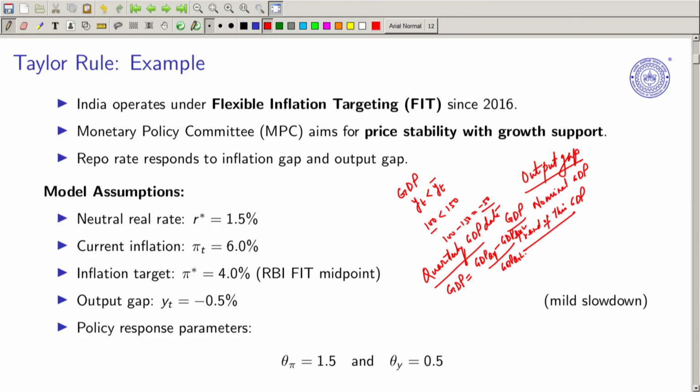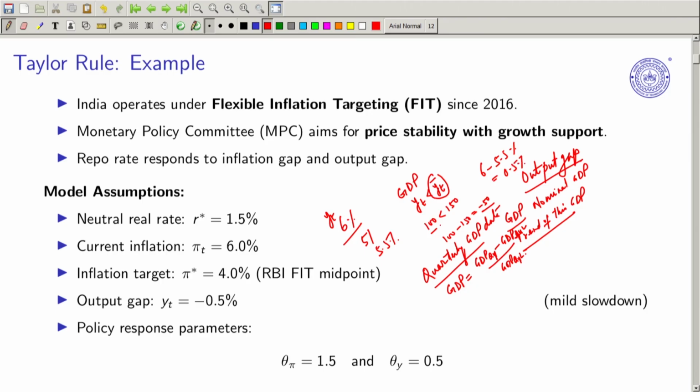Or you can also go for GDP quarter 1 minus the previous year GDP quarter 1, upon the previous year GDP quarter 1, and then you take the percentage. It appears that this GDP growth is YT, right, and then you can calculate. So this is basically a trend. Suppose the trend appears to be around 5.5%, right. So 6 minus 5.5% will show positive 0.5%.